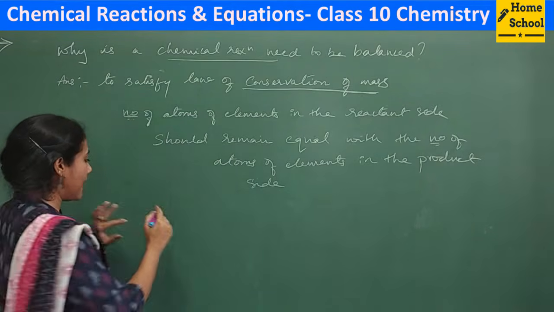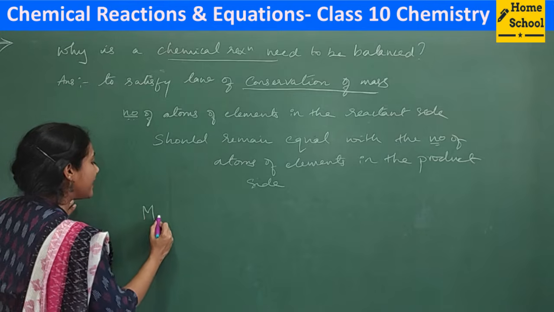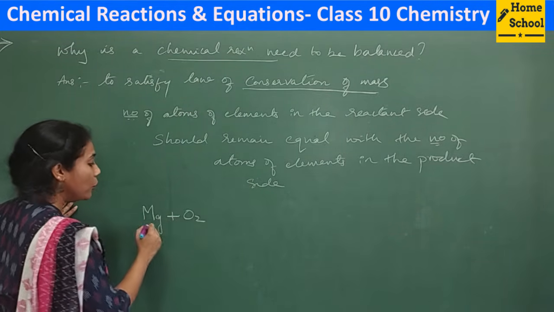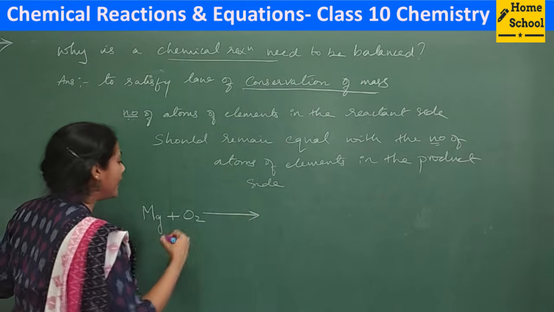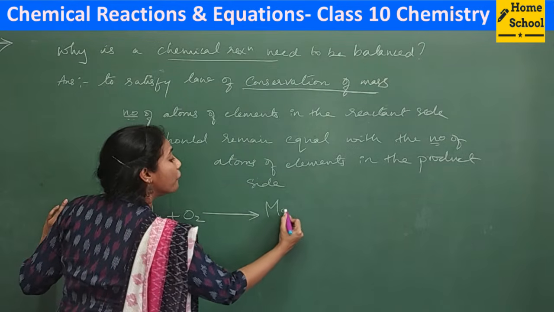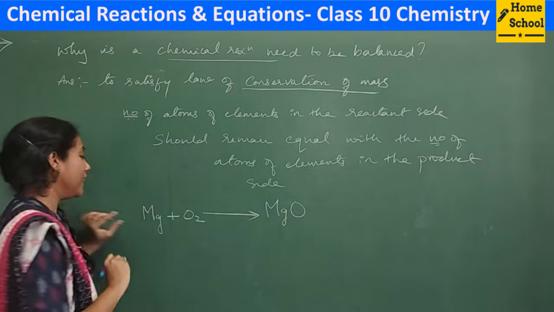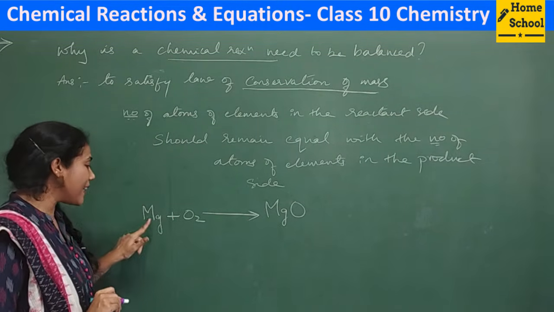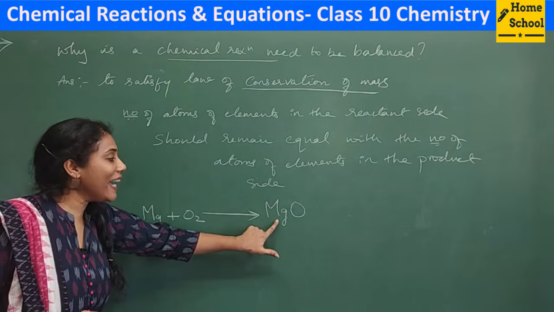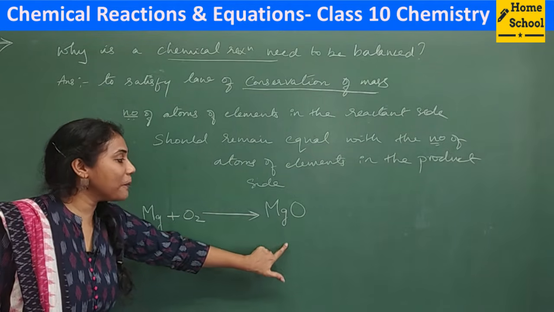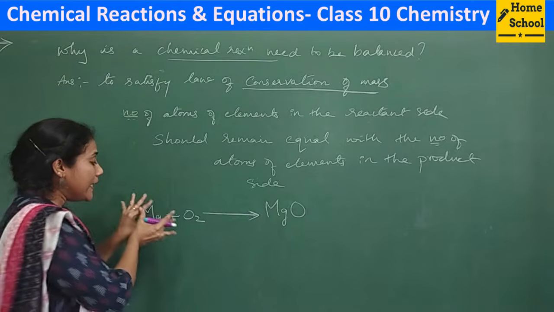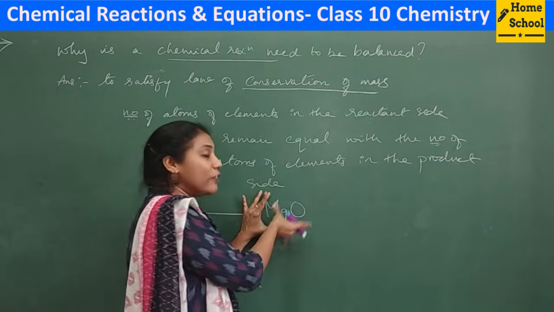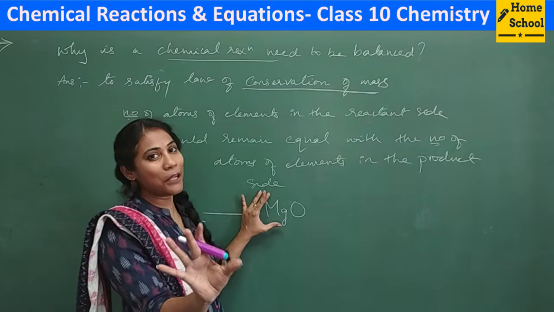Okay, say for example, we have studied this equation in the previous class. Mg plus O2, when they react, you will get MgO, isn't it? Fine. So how many atoms of Mg are there in the reactant side? 1. How many atoms of Mg are there in the product side? 1. The number of atoms in the reactant side must be equal to the number of atoms in the product side.